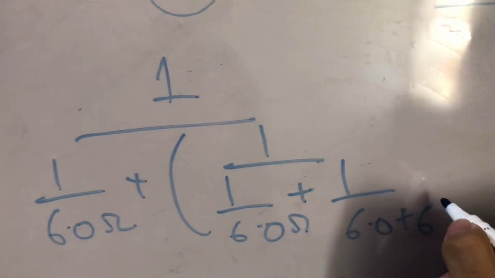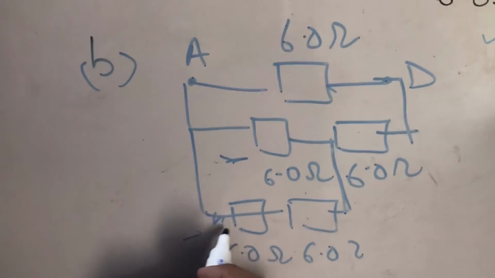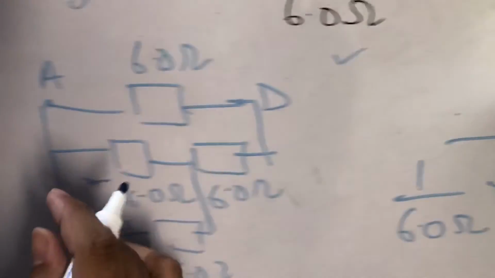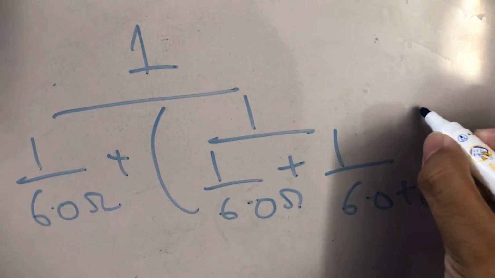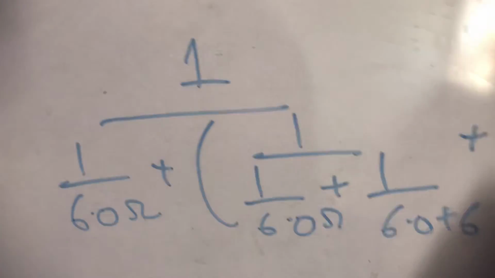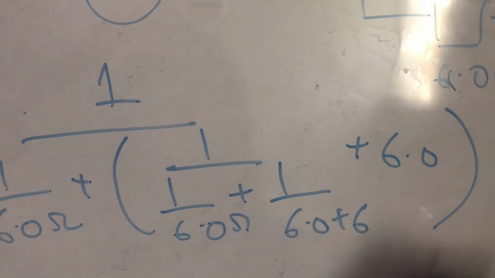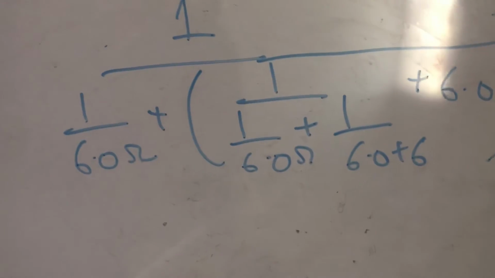Why 6 plus 6? I am talking about these two. These two are parallel to this. So 1 over 6 plus 1 over 6 plus 6, this is in conjunction to a resistor that is in series. Okay, so this is the tricky part that we have to solve.